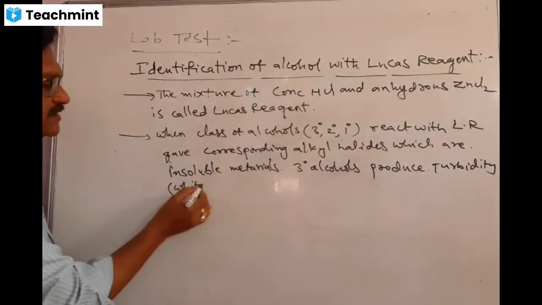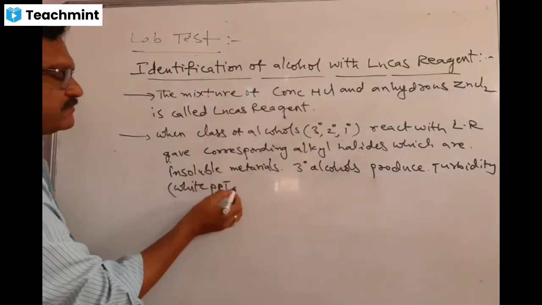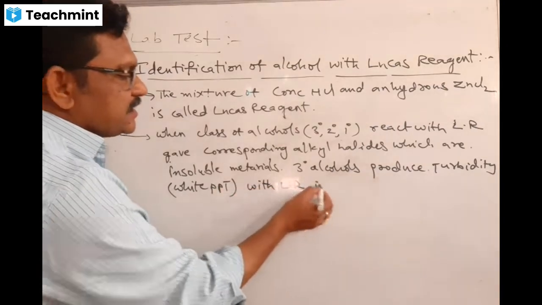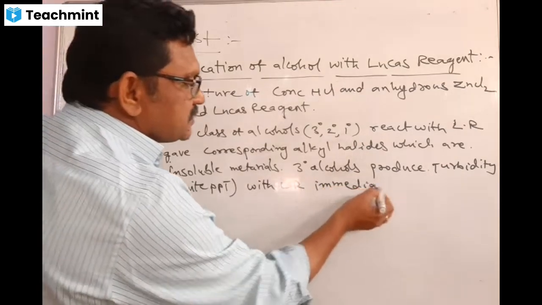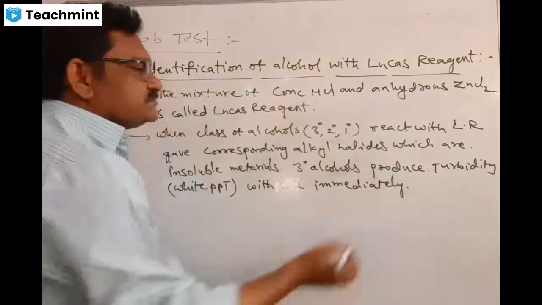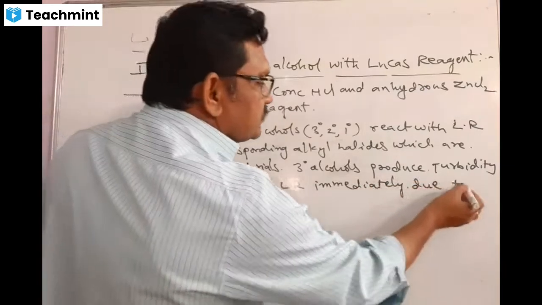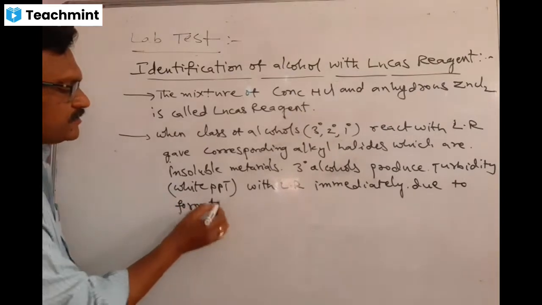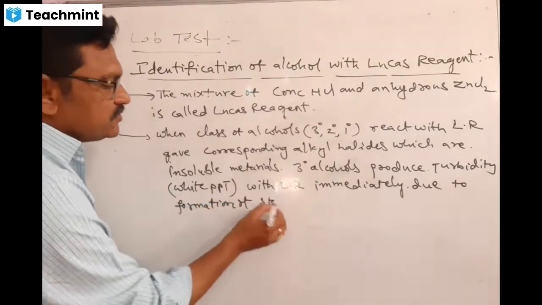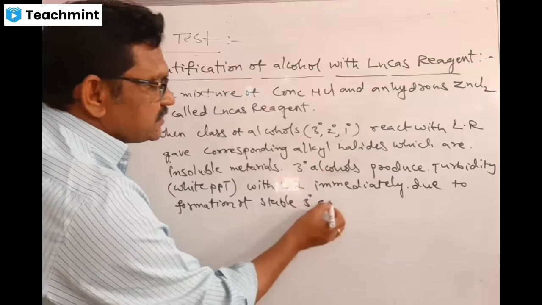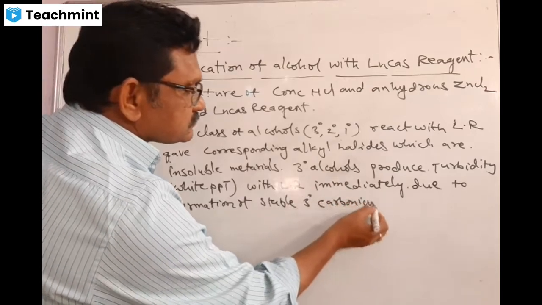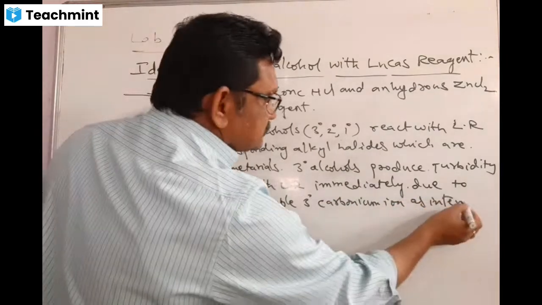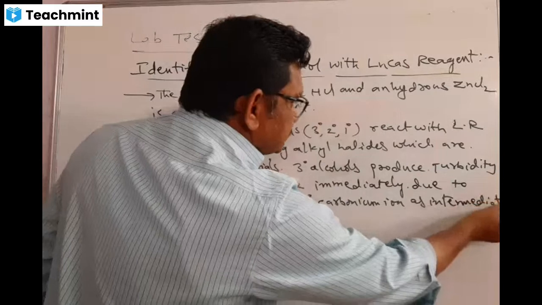Simply remember white precipitation, white PPT with Lucas reagent LR immediately, due to formation of stable tertiary carbonium ion as intermediate.